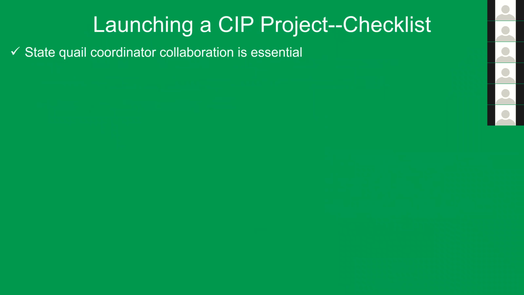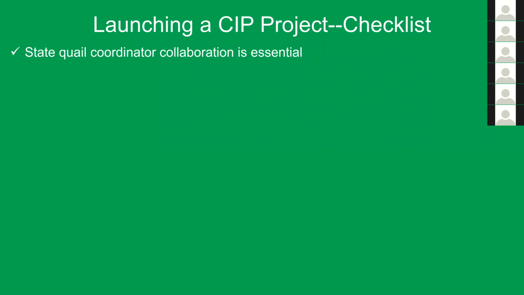So just to go through a checklist, and we're doing well on time, a little bit ahead of schedule. I'll show this as a mental checklist of things that are important to prepare for doing the CIP. If you're not with the state agency, it's very important that you work with the state quail coordinator in your state.